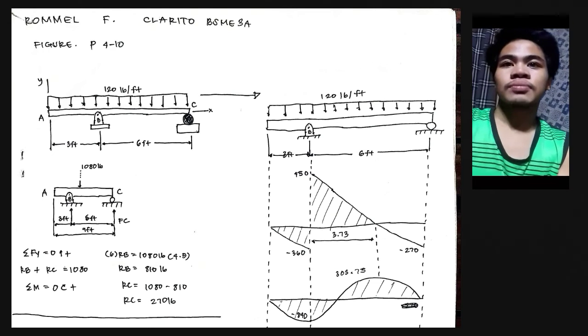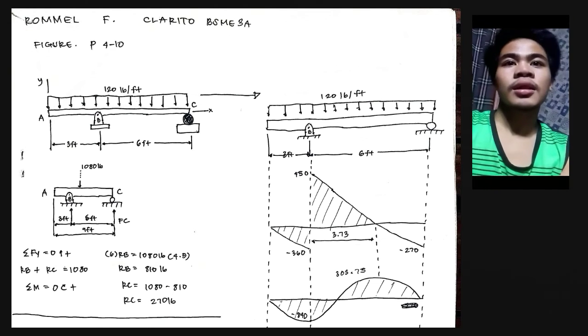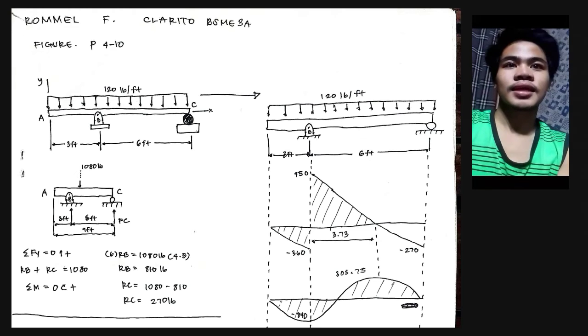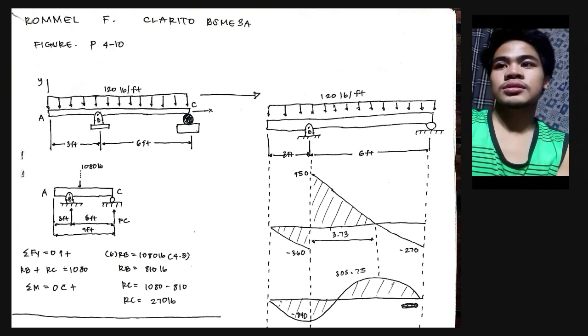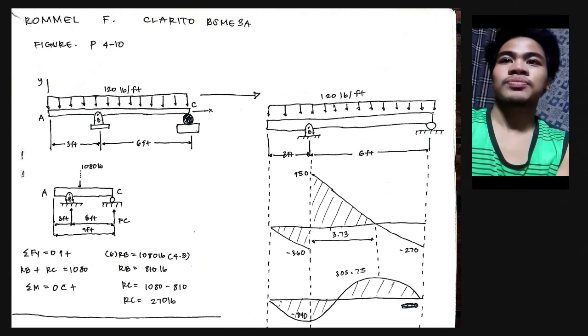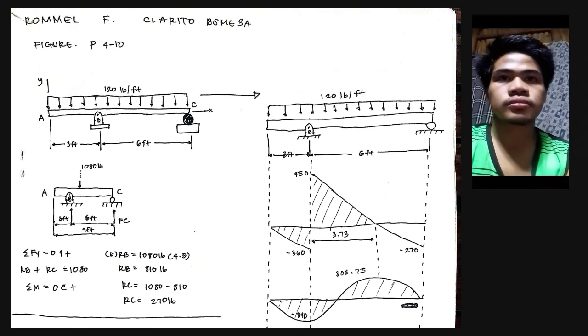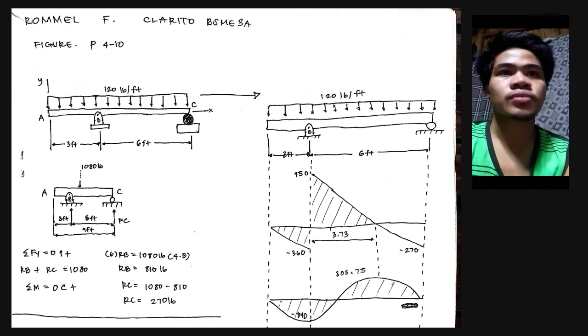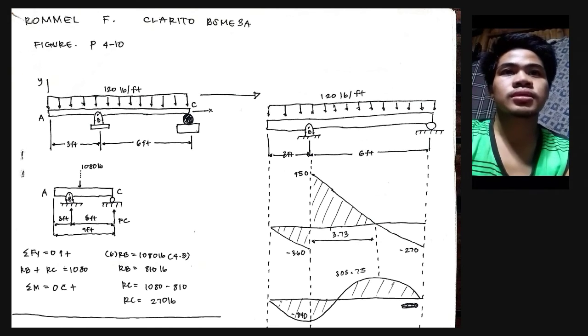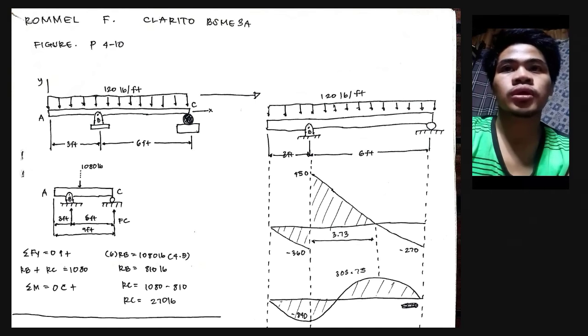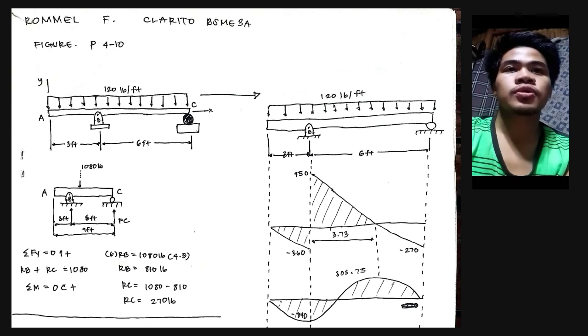Here we have the concentrated load of 1,080, that is the 120 pounds per foot multiplied by the total length of the beam, which is 9 feet. So 120 times 9 is 1,080 pounds, and drawing the reaction forces RB and RC.